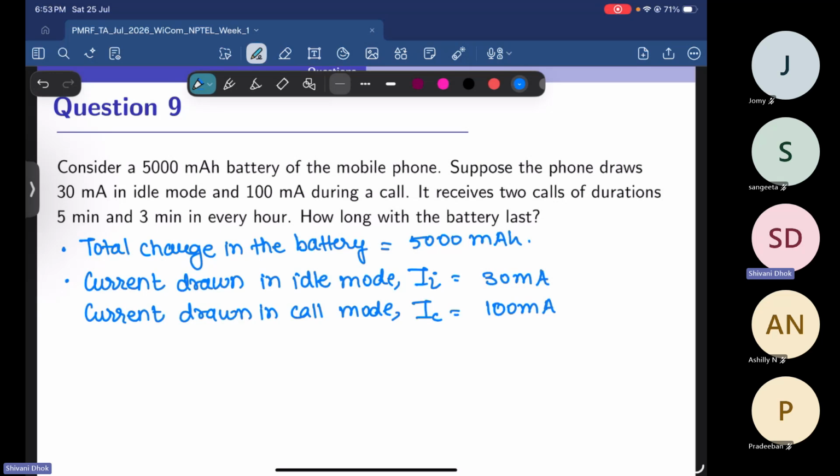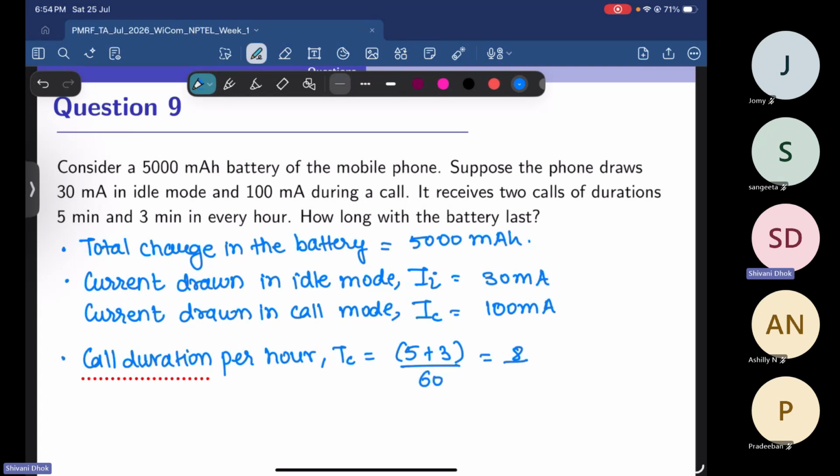The duration of calls in 1 hour, let's say TC, is 5 minutes plus 3 minutes, that is 8 minutes. Converting into hours, divided by 60, this is 8 by 60 hours.